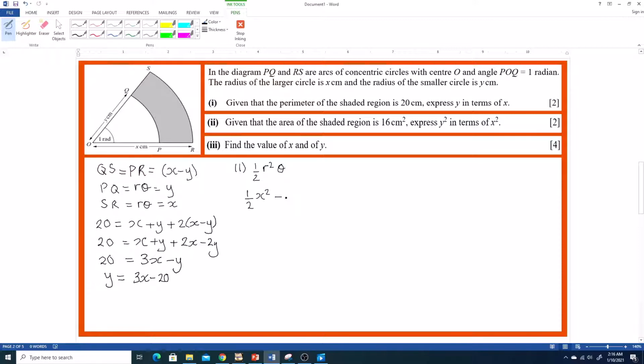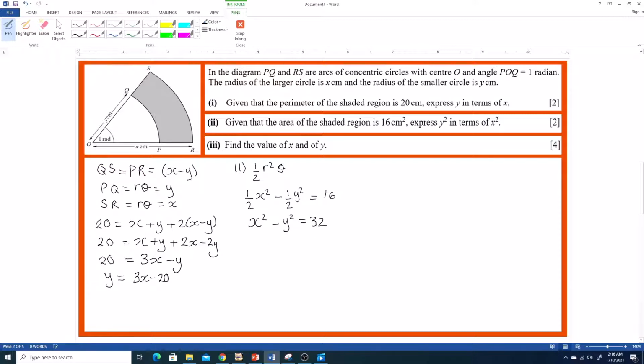And when I minus the smaller sector, it's going to be a half y squared times 1, so I'll leave that as well. And we've been told this is equal to 16. So next thing I want to do is multiply all through by 2, which is going to give me x squared minus y squared is equal to 32.